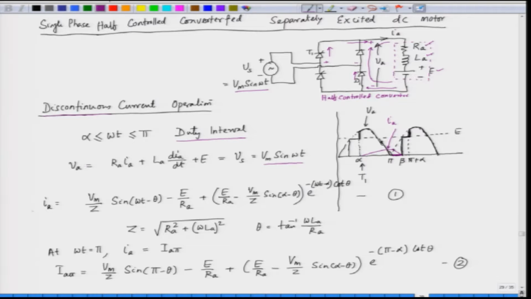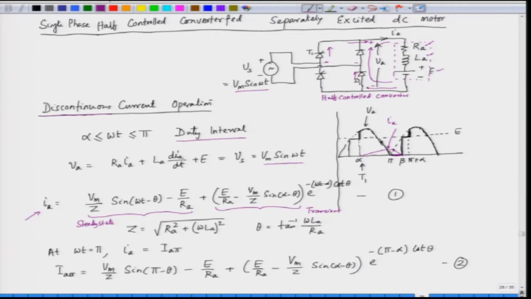If we solve it, we get the steady state part here, and we also have a transient part. The transient part is this one. This is a very well known solution.